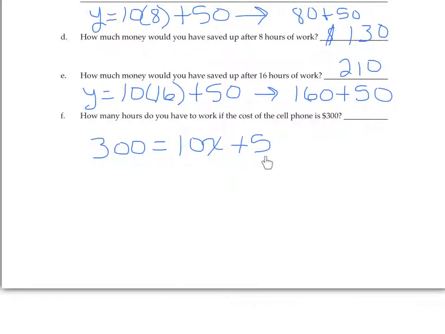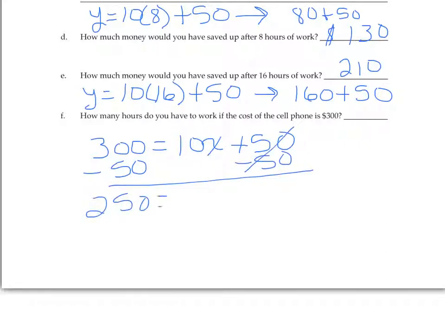We need to first subtract, oh, I only wrote 5. It's 50. First subtract that 50 from both sides. That makes 250 equals 10x, and then divide by 10 to isolate this x. So x equals 250 divided by 10 is 25. So you would have to work 25 hours.